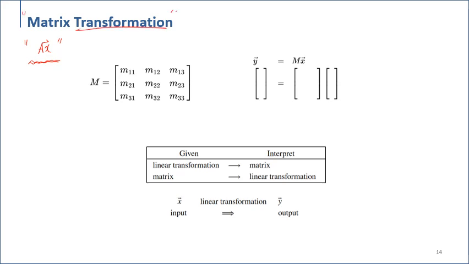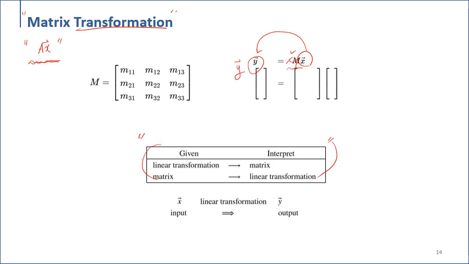That means by multiplying the x vector by the matrix M, we can get another vector y. So this can be interpreted as transforming vector x into y by multiplying by M.